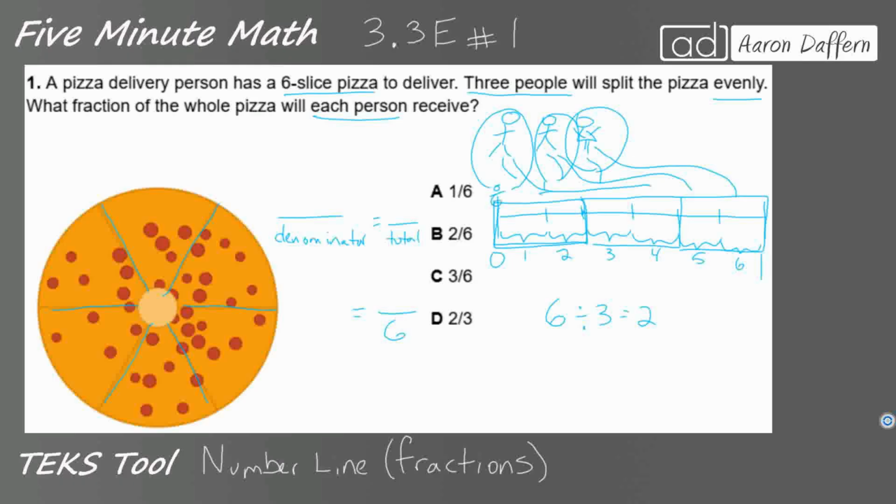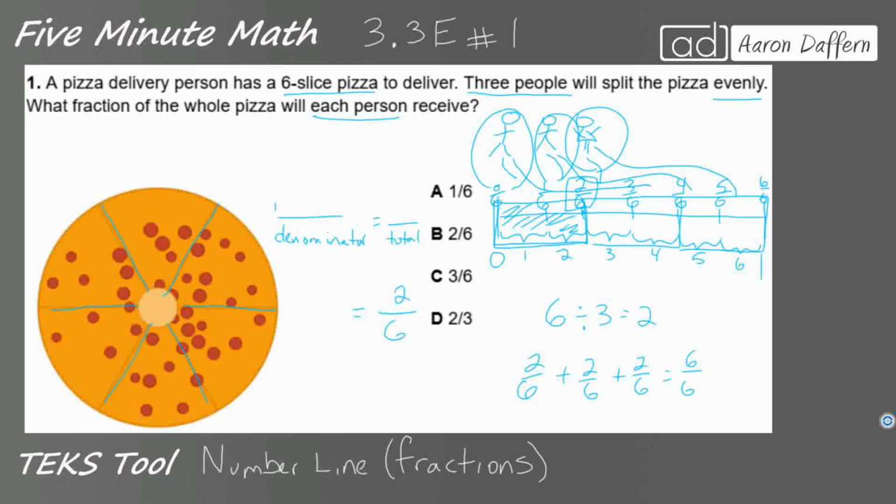This first is going to be 0/6. This is going to be 1/6. We can label all of it if we want to make sure we get up to our 6/6. But we need to just stop at that first one. This person right here, if I were to shade this in, gets 2/6 of a pizza, because if the first person has 2/6, the second person has 2/6, and the third person has 2/6, 2, 4, 6, that would equal the whole pizza.